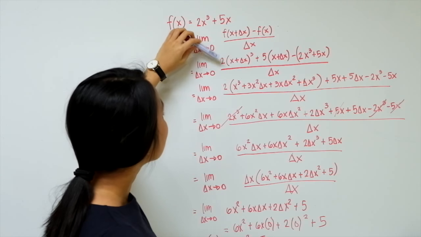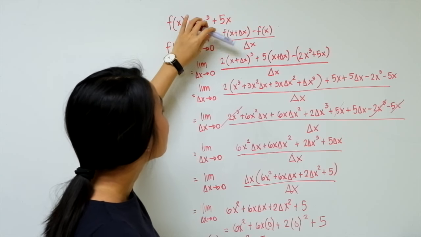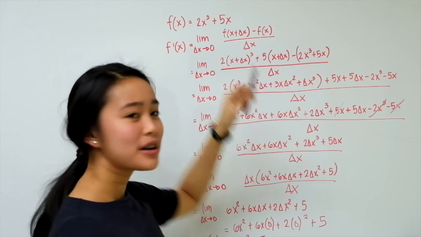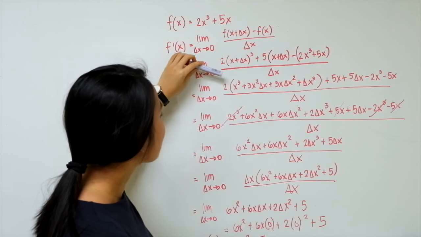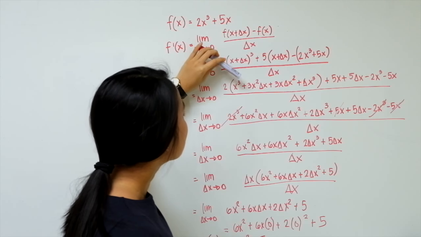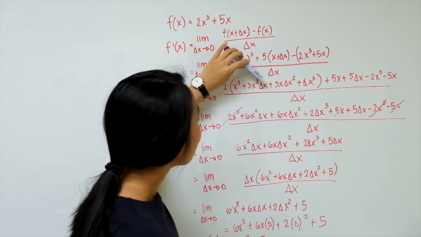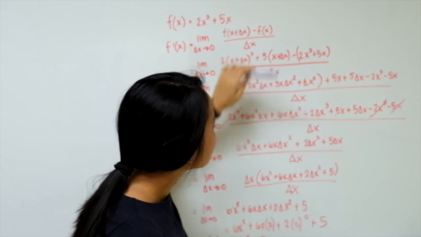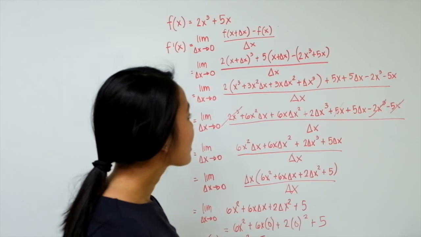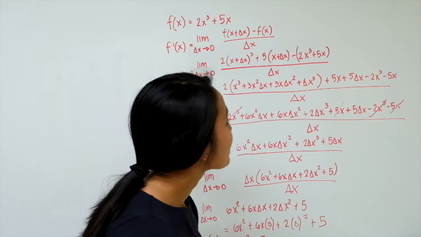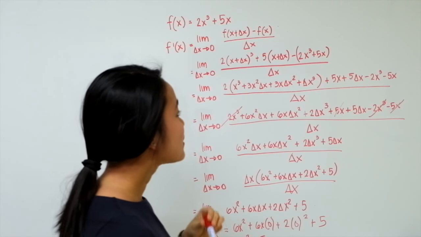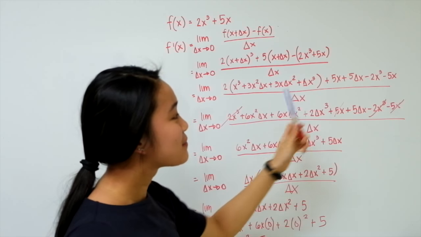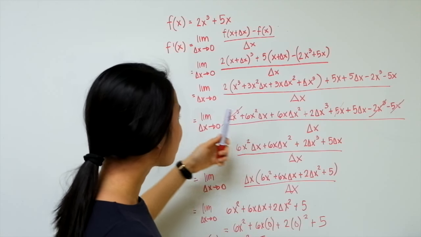From there, we can use the binomial theorem, and once you do the binomial theorem, you're able to get 2 quantity x cubed plus 3x squared delta x plus 3x delta x squared plus delta x cubed plus 5x plus 5 delta x minus 2x cubed minus 5x all over delta x.